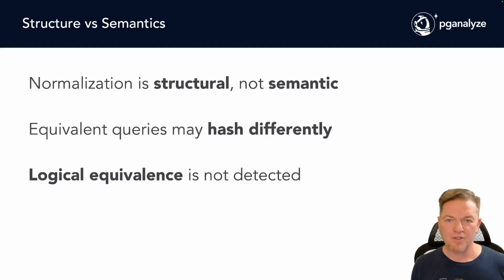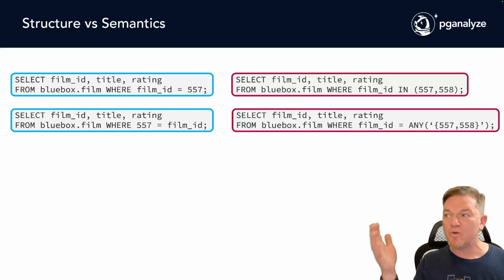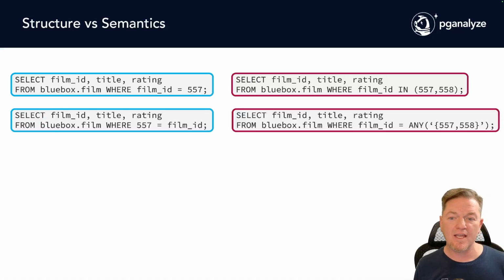To remind you, as we continue on in the series, what we're talking about with tracking in pg_stat_statements is structural. It's not semantic. It's not what we think should be equivalent. Even if the execution plans would be exactly the same, it really comes down to, does the structural form of the query hash the same or not? For instance, we know logically, and Postgres produces the exact same query plan for the two queries on the left in blue.